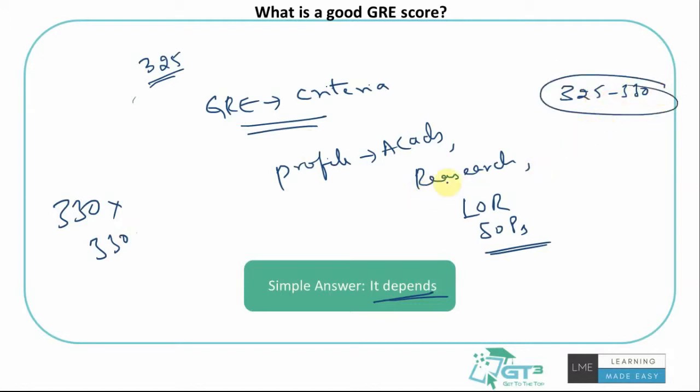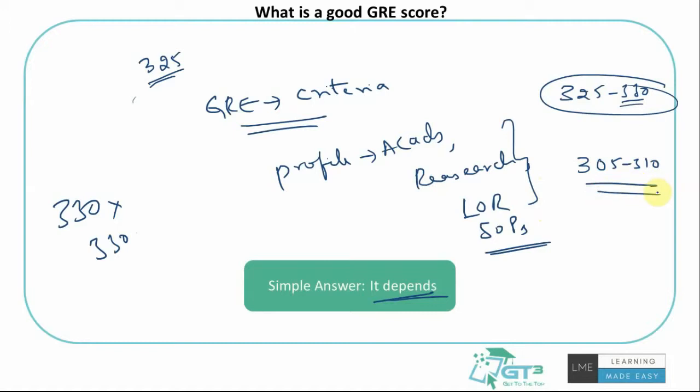You have to focus on the rest of the things to actually get an admit into that school. You might not be having a negative effect because you have scored less than 330 for most of the programs, almost all the programs. But I would say 305 to 310 should be your basic target irrespective of what you're looking at.